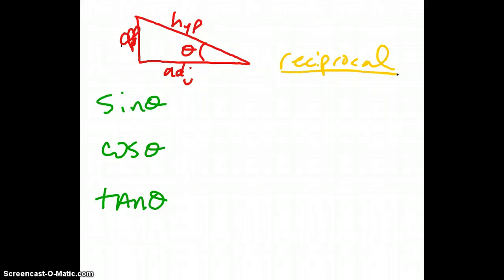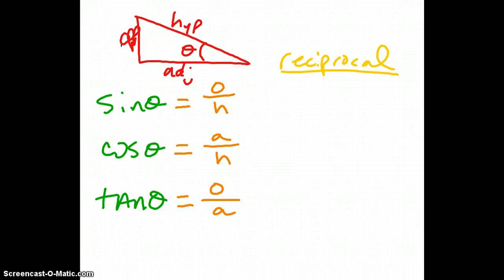So we know that sine is opposite over hypotenuse, cosine is adjacent over hypotenuse, and tangent is opposite over adjacent. The reciprocal functions are going to be the reciprocal. So we're going to flip these ratios and redefine these as 3 different trig functions.